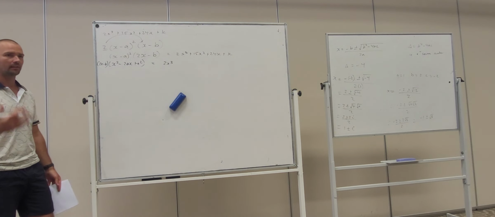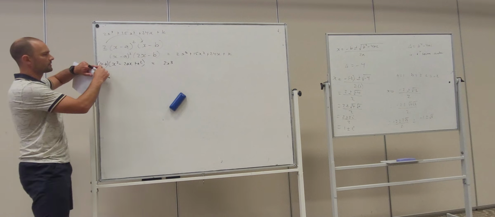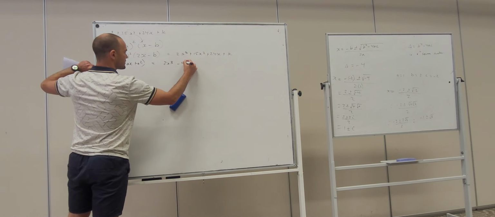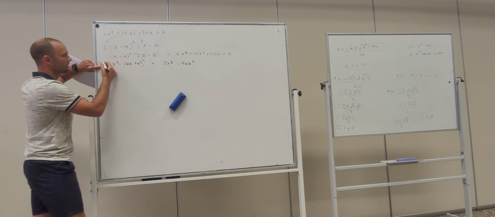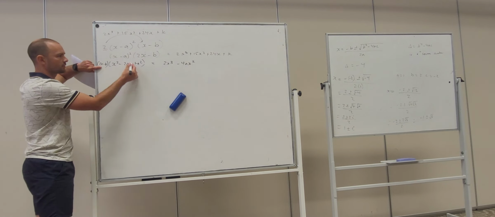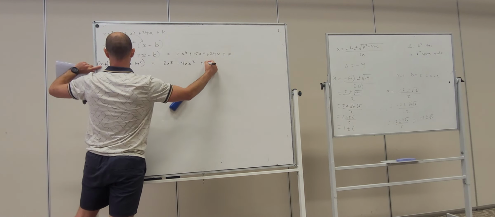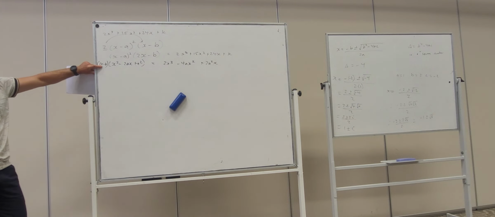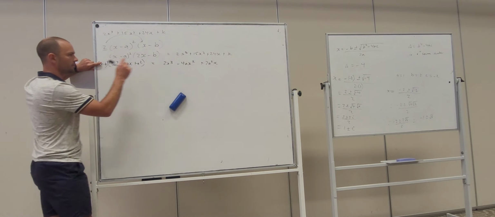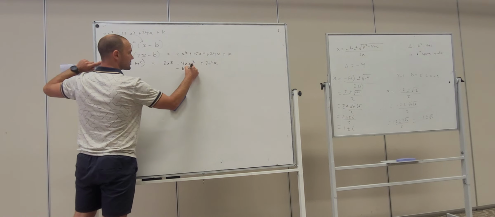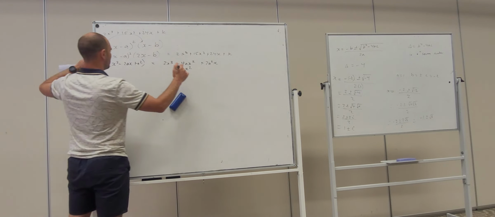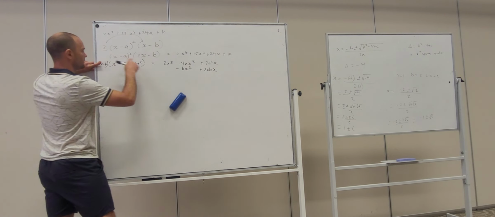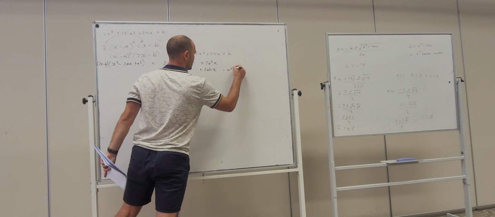That's what we expect the leading term to be. Good. Then we have 2x times minus 2ax, that's going to be minus 4ax squared. So all I'm doing is multiplying the 2x through first, and then we're going to have plus 2a squared x. Alright, multiply the 2x through, let's multiply the minus b through. So we'll have minus bx squared, plus 2abx, and take a squared b.